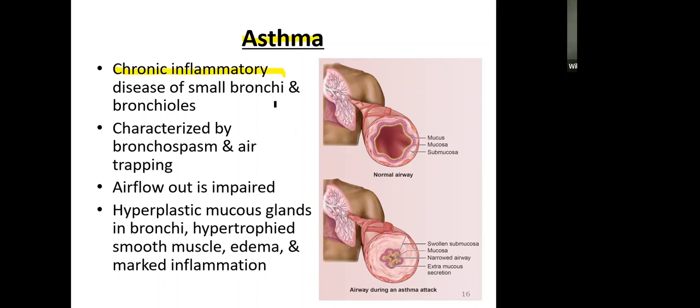Do you remember we talked about another condition to do with remodeling of the airway? Do you remember what that was called? We talked about it, I think, about 2 weeks ago, when we were looking at different pathologies of the lungs.